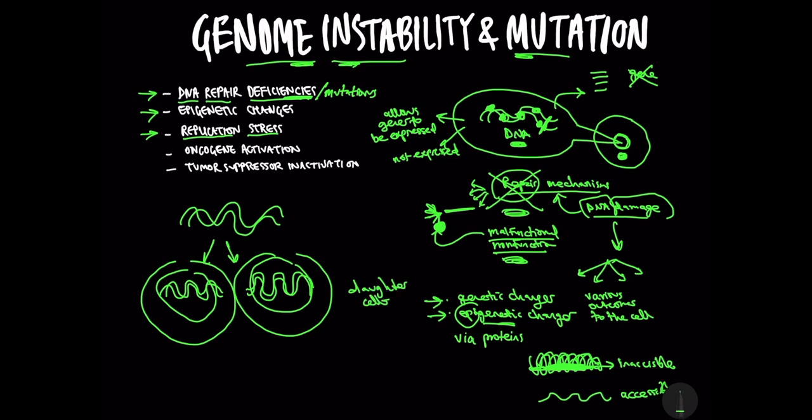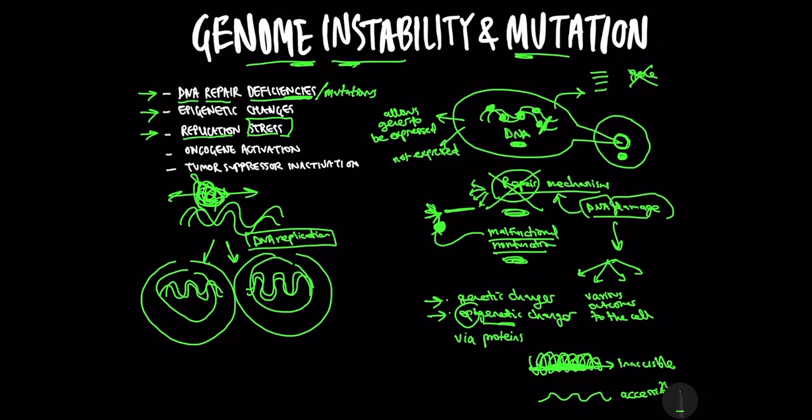Now what we need to understand is that during this process of DNA replication, which is the copying of the genetic material of the DNA, there can be important processes that create stress. And there's a whole bunch of protein machinery that allow the replication process to occur.